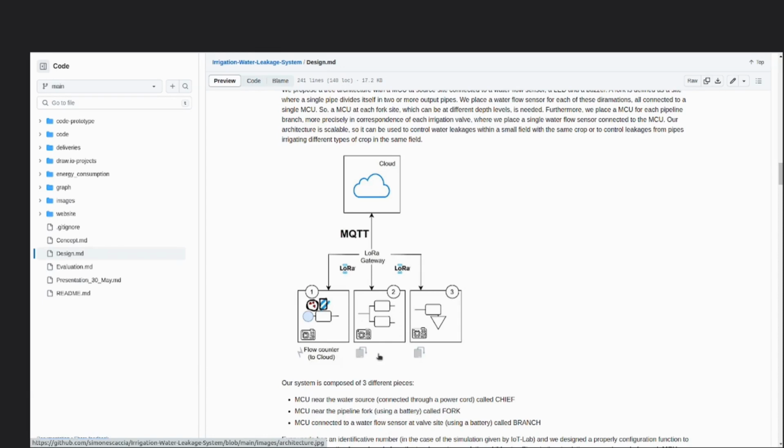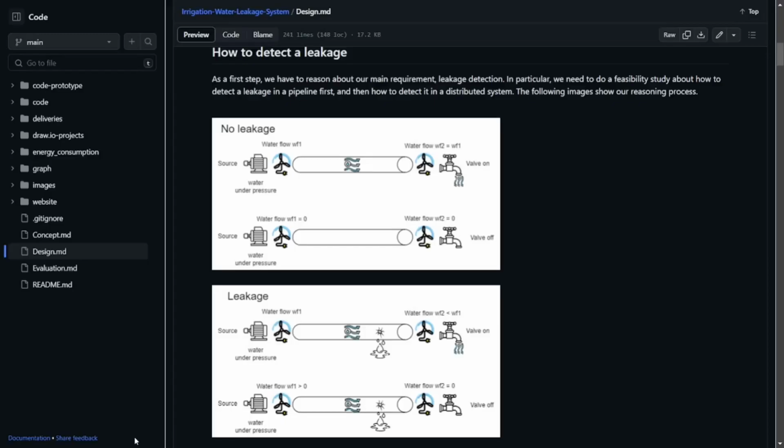These components communicate between themselves and with the gateway with LoRa, and from the LoRa gateway messages are sent to the cloud through MQTT. The cloud infrastructure is an AWS infrastructure, and we also provided a proper dashboard using AWS tools.